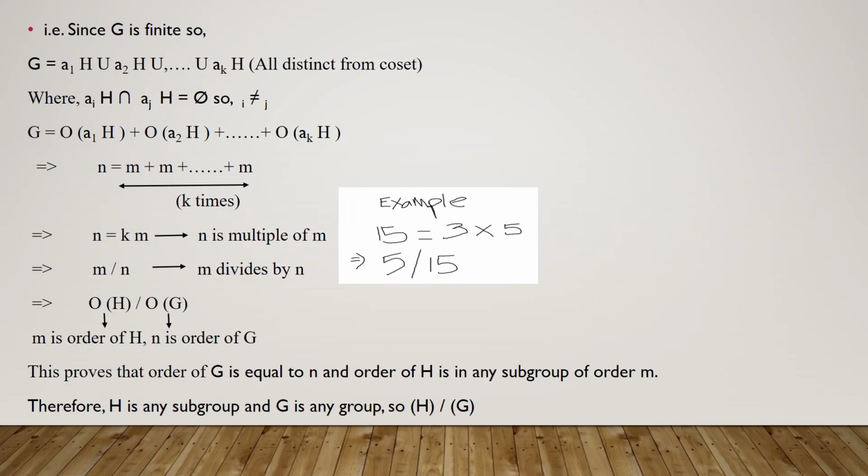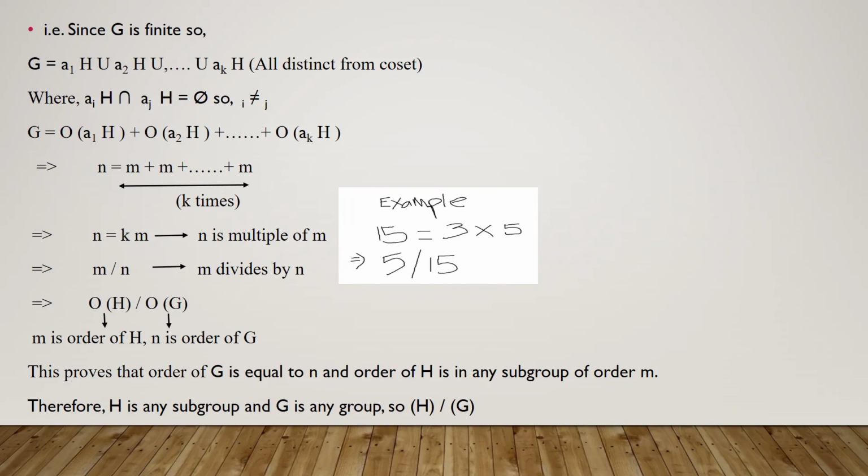For example, 15 is equal to 3 times 5, and 5 divides 15. So after we sum up the k times m, we have n equal to km. Again, this means that n is a multiple of m, and so m divides n. Here m is the order of H and n is the order of G. This proves that the order of G is equal to n and H is any subgroup of order m.